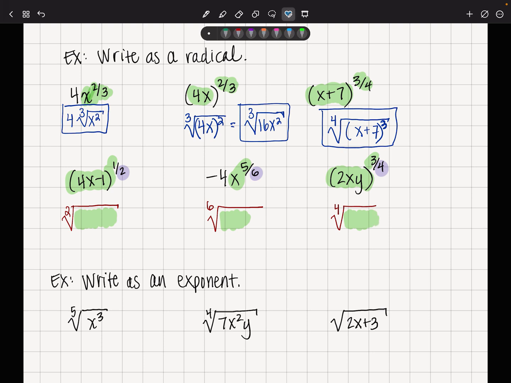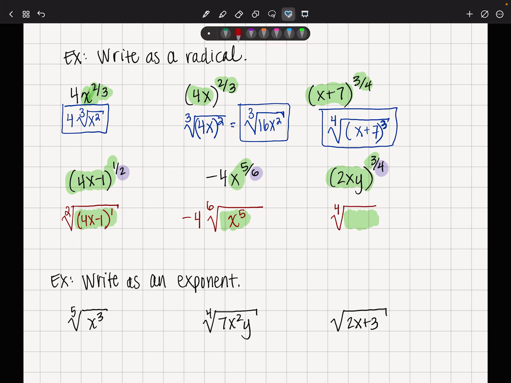So let's write that. All of 4x minus 1 to the 1st power. Just x to the 5th power. So if it's just x to the 5th power, that means the negative 4 is on the outside. And that's because there's a difference when you don't have parentheses versus when you do have parentheses.